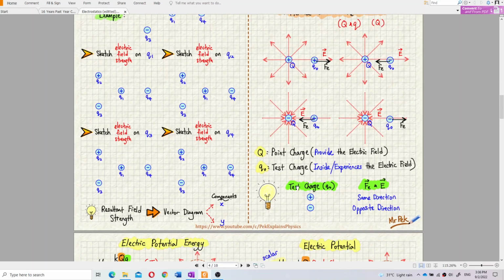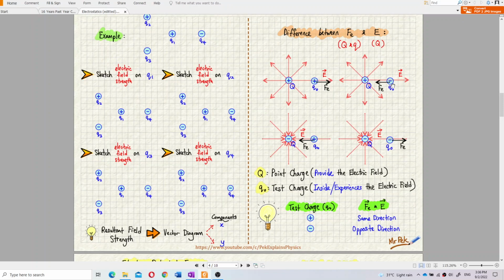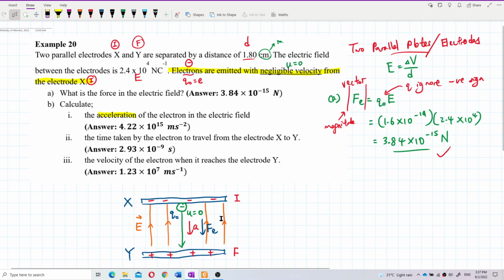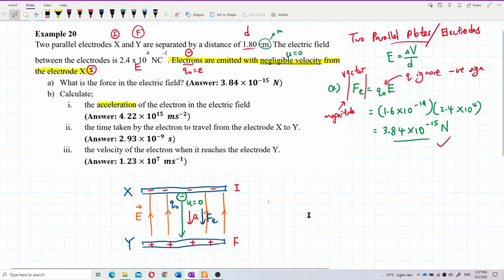You see that, when a test charge is negative, the force and electric field are in opposite directions. So my assumption is correct.